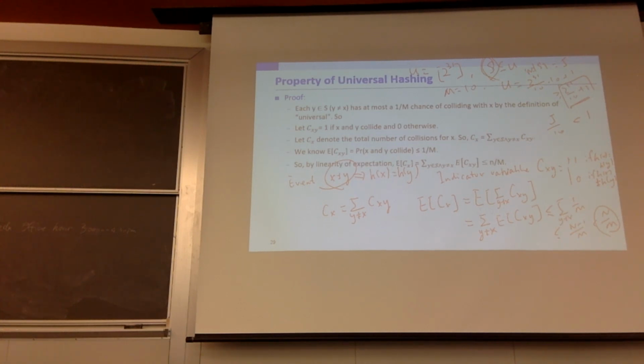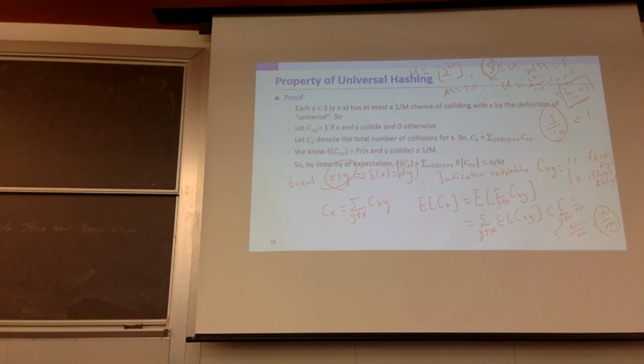The only thing you care about is whenever I give you an S as input, can you give me a reasonable hash table that has a constant maximum bucket length? So because you are making this random choice of hash function, the argument is that you expect there will not be too many elements in one particular bucket, and this number is going to be n over m, or in this case 5 over 10.